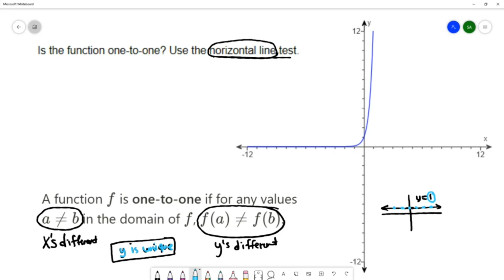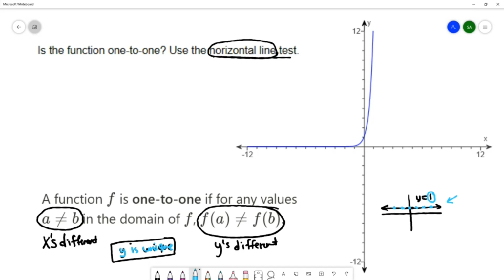So instead of y being unique with this horizontal line, all the y's are the same. So this horizontal line is the opposite of a one-to-one function. It's most definitely not one-to-one. And so we use it as a comparison to our graph, and it helps us decide if a graph is one-to-one.